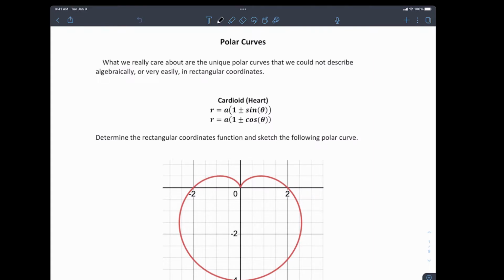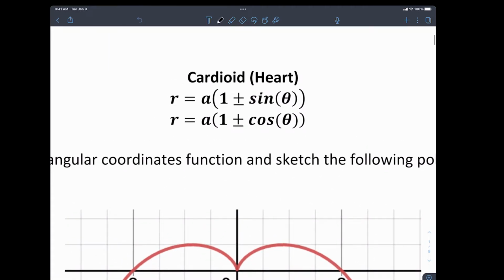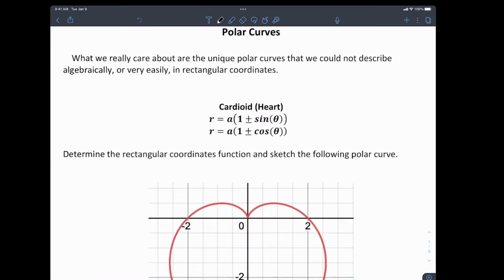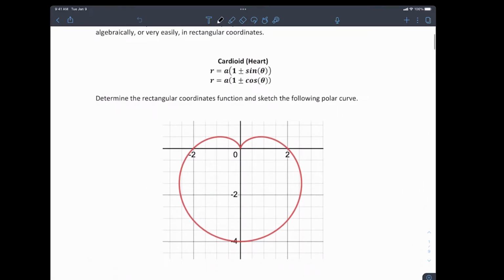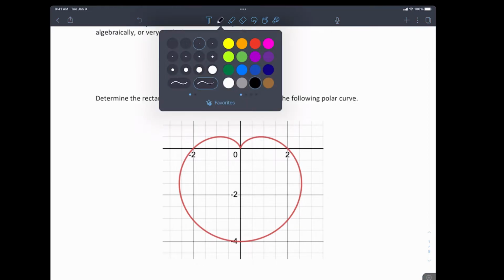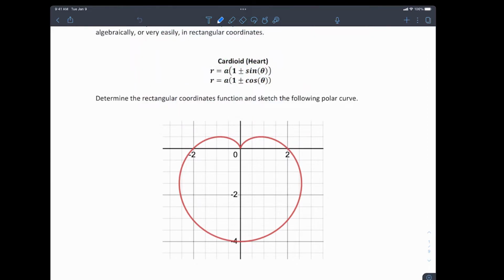So whoever said mathematicians are not romantic people, right? For Valentine's Day, you could use a cardioid. If you want to get a tattoo, get the cardioid. But this is the equation in polar form of cardioids. It's r equals a. This is kind of how we see it, though. This is the formal way. This is one cardioid. Think of a heart. But this a we distribute.